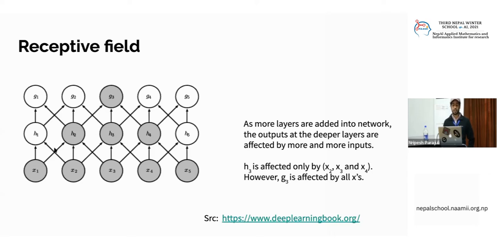But because these three are influenced by X1, X2, X3, and so on, as you go deeper into the network, your features do start becoming more global. This idea is called a receptive field. The receptive field at hidden layer 2 is like the entire input.